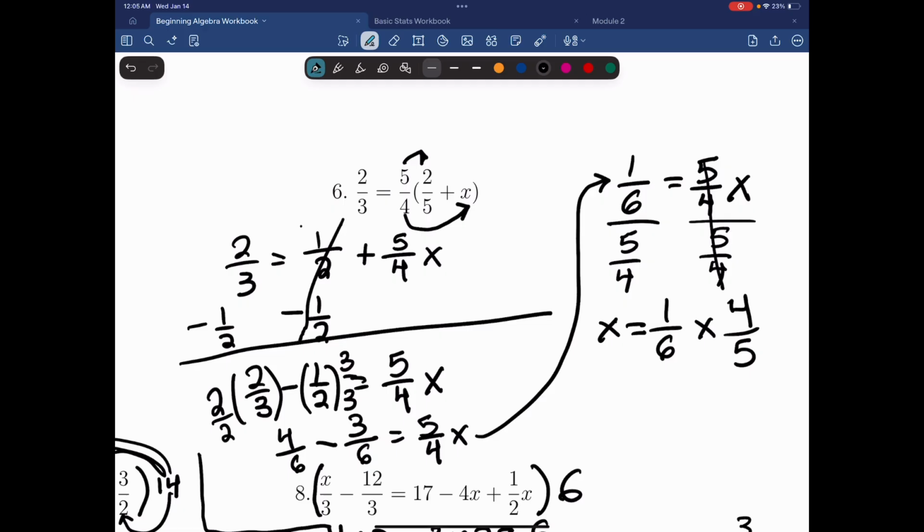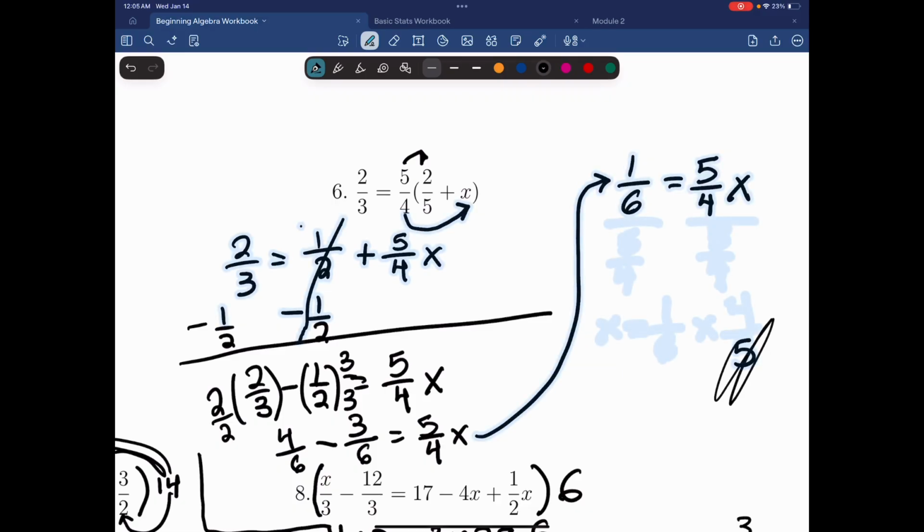Now, if you wanted to do a little bit of a shortcut, what you could have done here instead, so I'm going to erase this part. What you can do instead is recognize that when you divide fractions, what ends up happening is you just end up multiplying what's called the reciprocal. You just end up flipping the fraction.